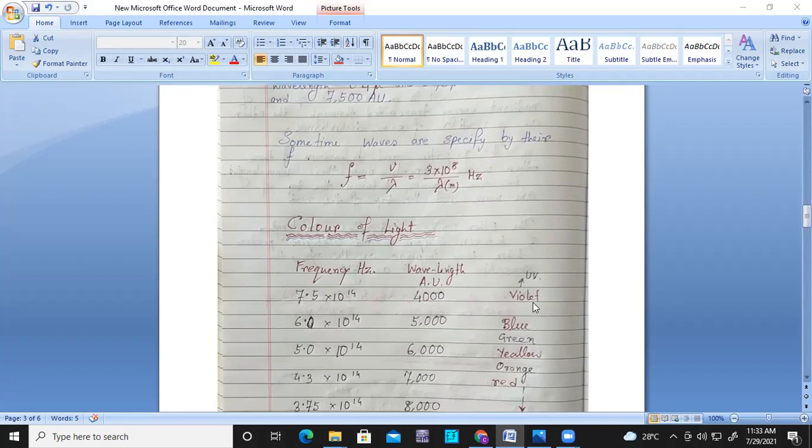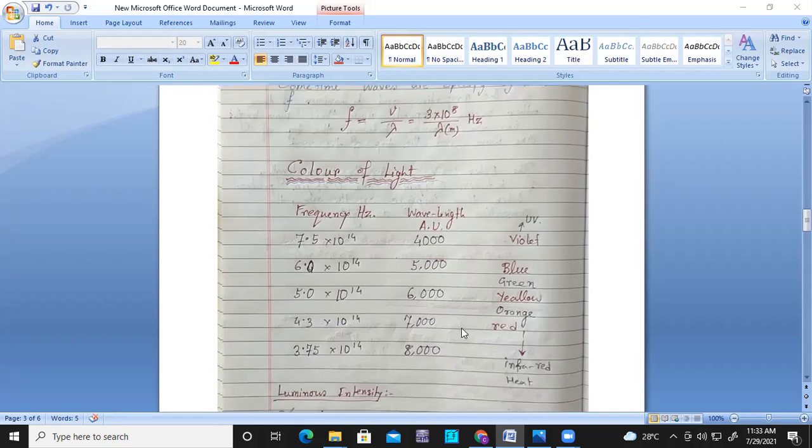Okay, and then after violet, from 4000 to 5000 it is blue, and between 5000 to 6000 angstrom it shows the green color range. Whenever it comes to 6000 angstrom, it becomes completely yellow. Again, within 6000 to 7000 it shows the orange color range. Okay, and then at 7000 angstrom it shows the red, and after that red is the last color.